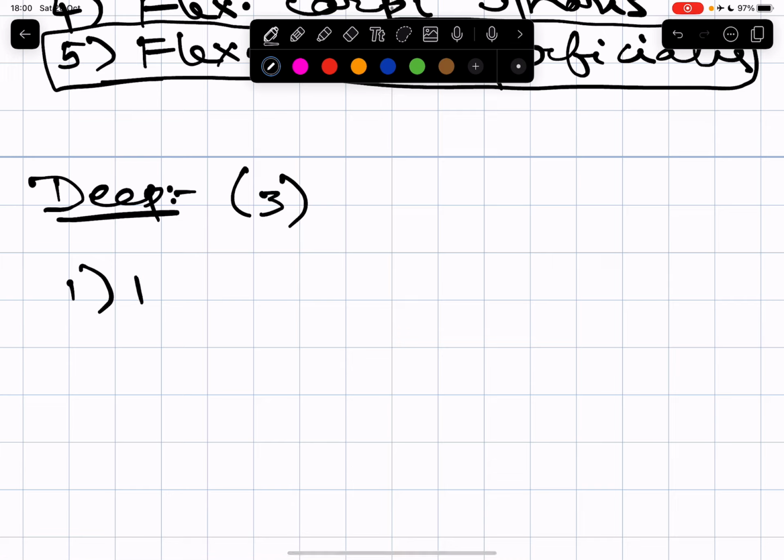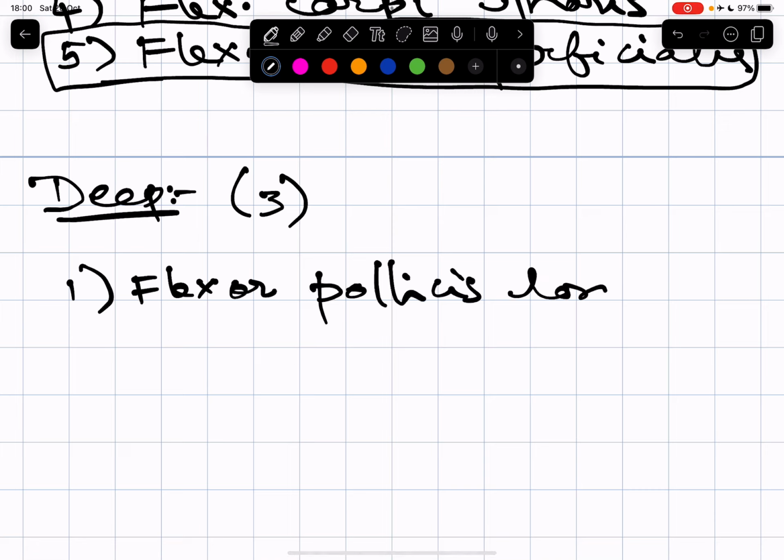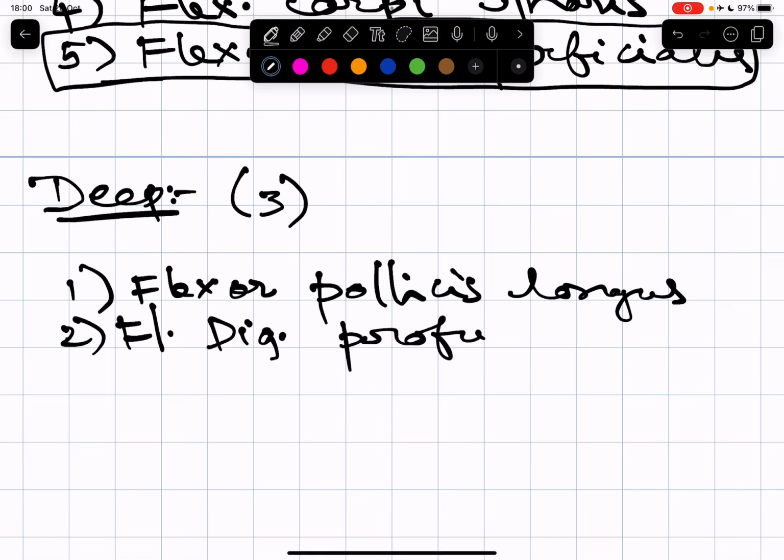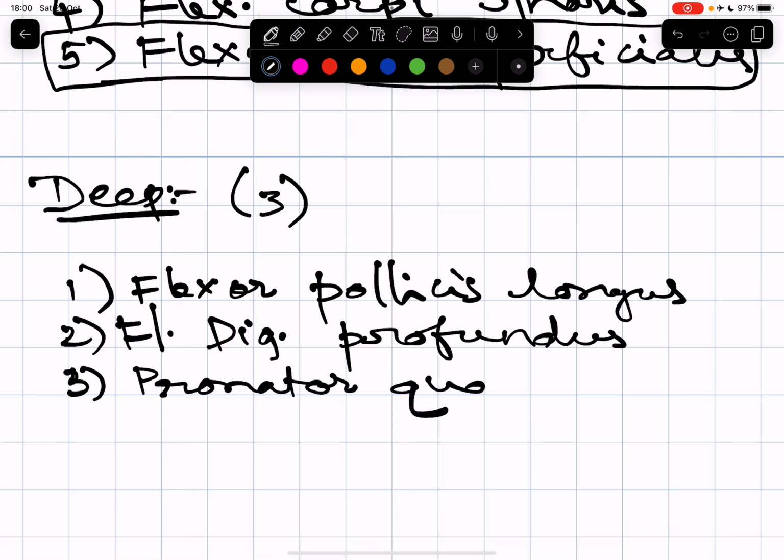We have the flexor pollicis longus, and then there is flexor digitorum profundus muscle, and the last one being the pronator quadratus. So these are the muscles of the deeper aspect of the front of the forearm.